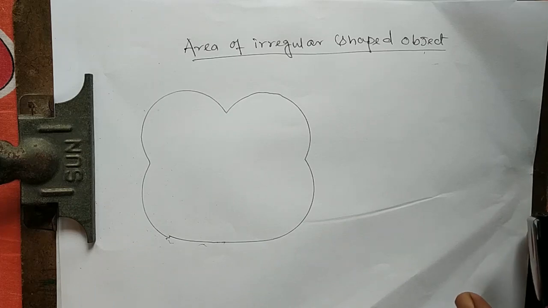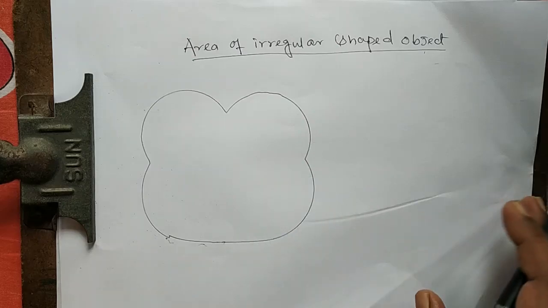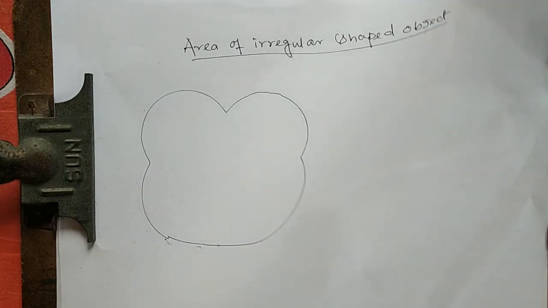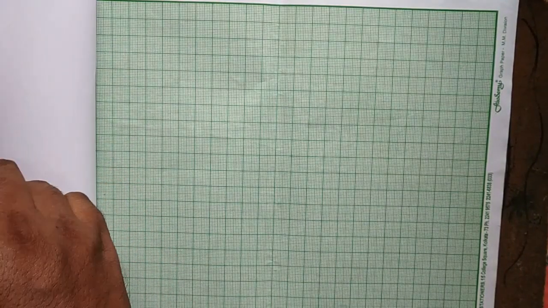So how can we find the area of it? To find the area, we cannot do it on this plain paper. We have to use one more thing, that is known as graph paper. Graph paper is not new to you. You have already used graph paper in class 10, and this is a millimeter graph.